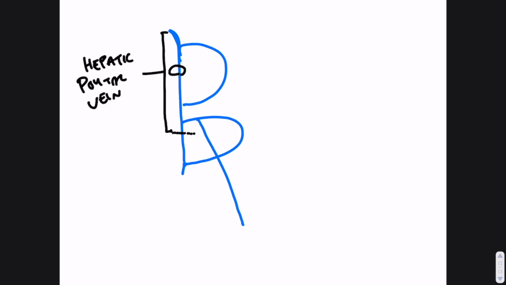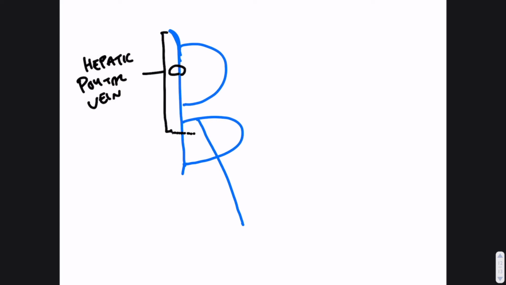So there's our hepatic portal vein. The hepatic portal vein is a large vein that's going to collect all the nutrients from the gut tube and send it into the liver, where the liver is going to filter out toxins, etc. But every nutrient that comes from the GI basically has to pass through that hepatic portal vein before it gets to the liver.